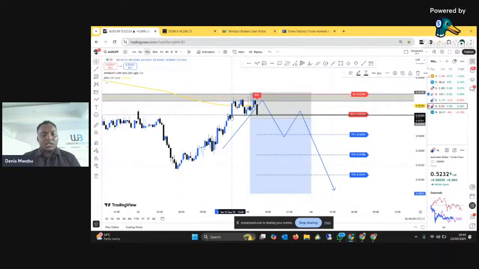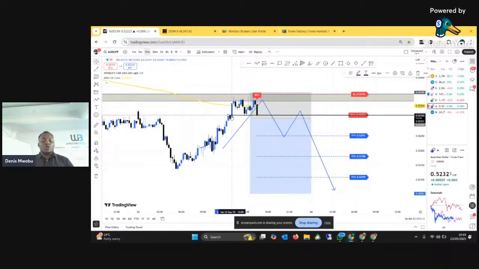This AUD CHF has the setup that I will look at. Normally, if there is no news, I will take this trade. But because there's news, I don't know what will happen. This trade might push up or it might push down, so I'll just watch it because I don't trade news.